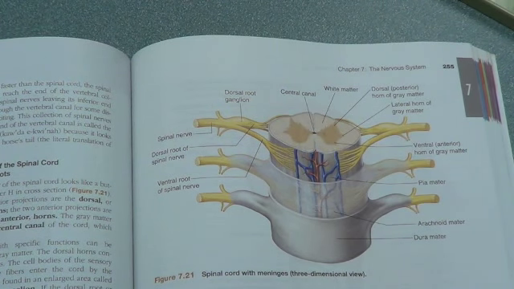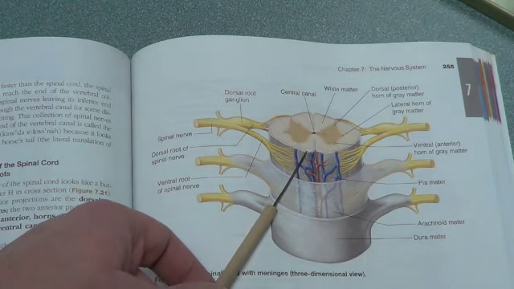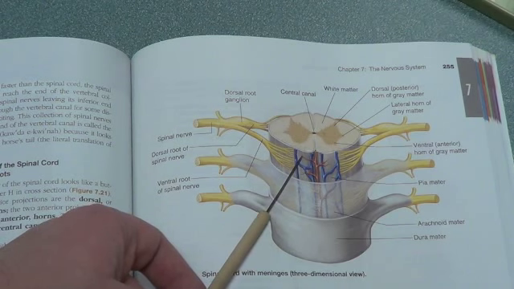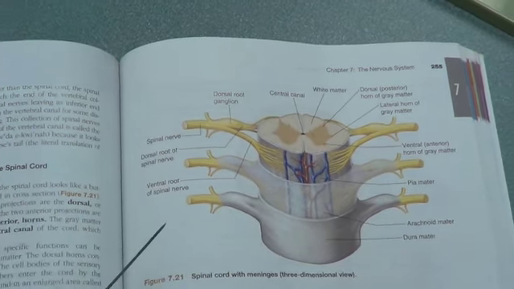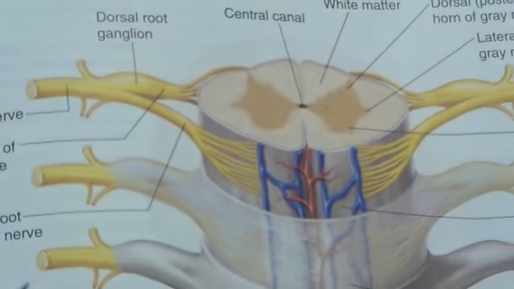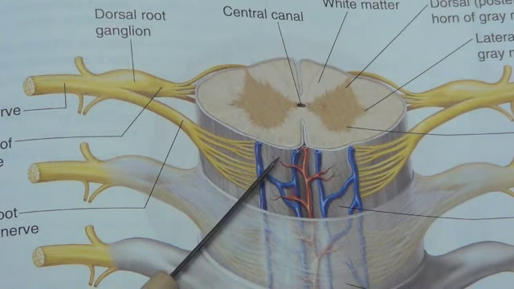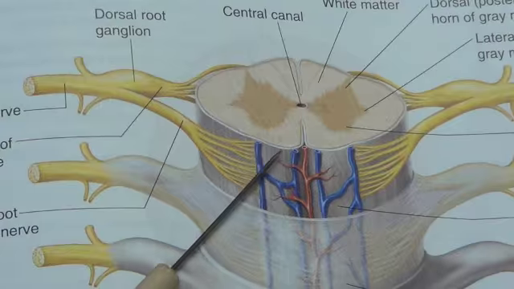The last layer is called the pia mater, and this layer is extremely delicate. In fact, the word pia means gentle mother. I'll zoom in just a little bit here. And you can see how this layer in particular is going to be right up against the nervous tissue here.